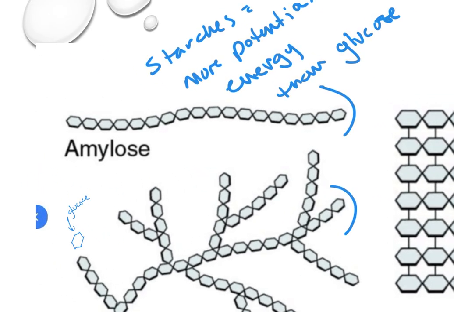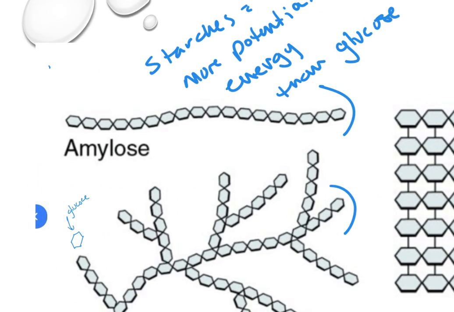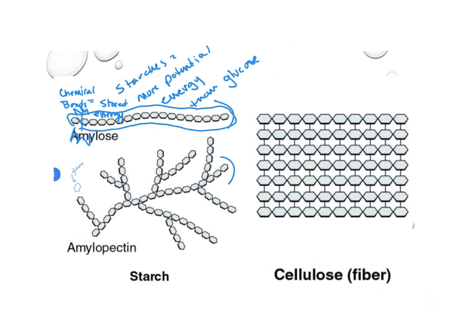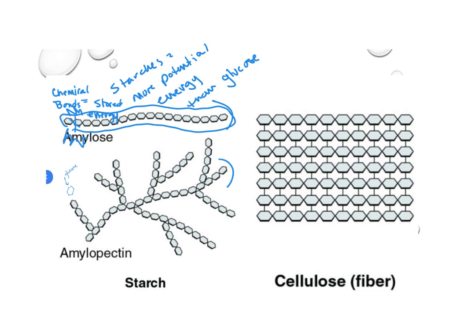Well, you got to remember, chemical bonds equals stored energy. And when you break those bonds, you release that energy. And so when we have a starch, we have a lot more bonds in this molecule than we would with a simple one piece of glucose. And so we would get more potential energy with starches.